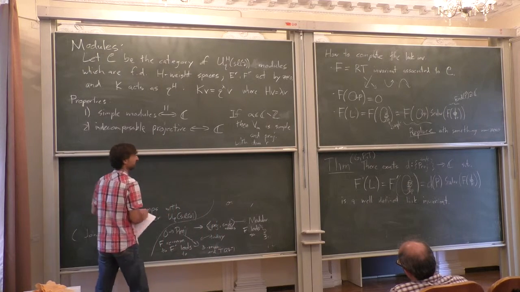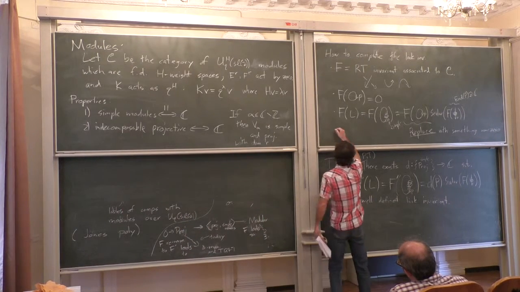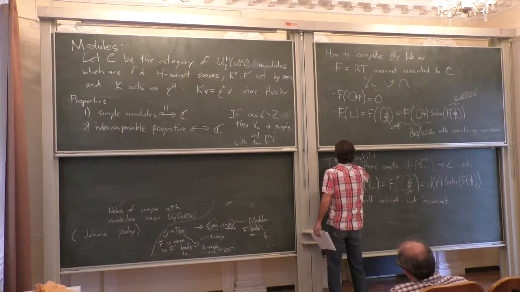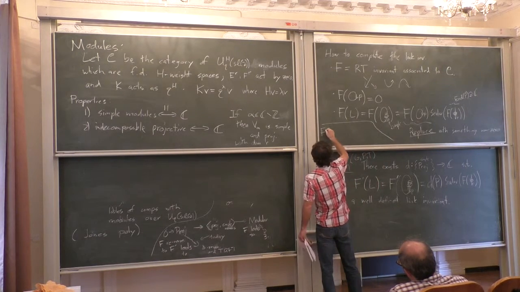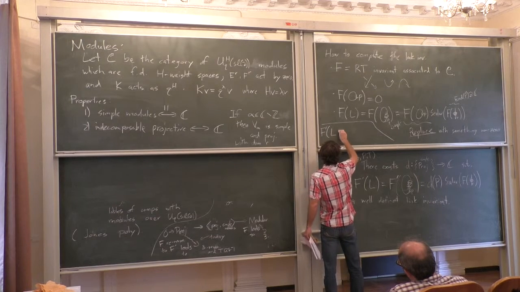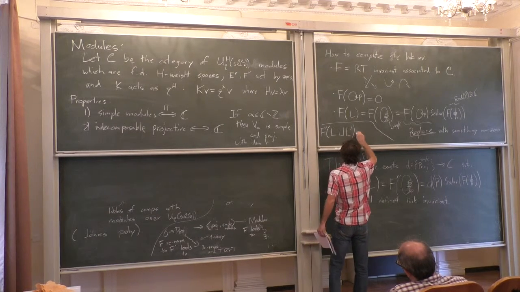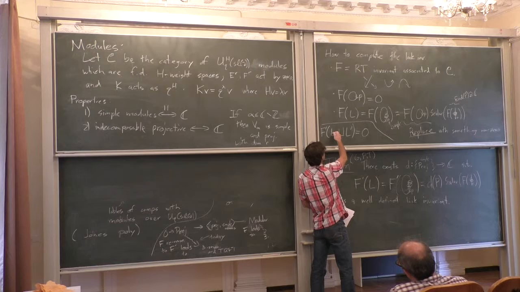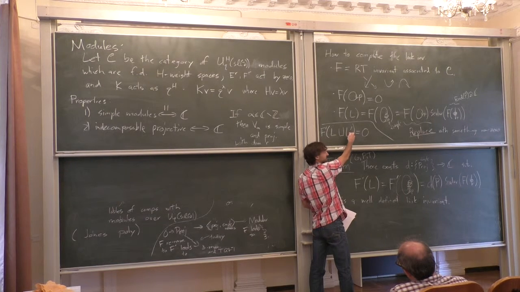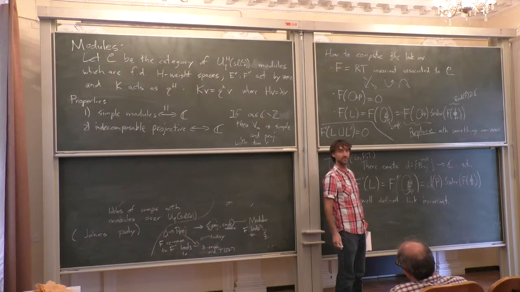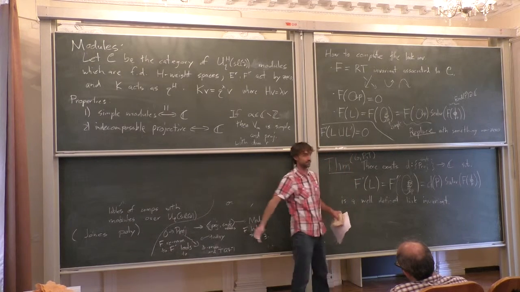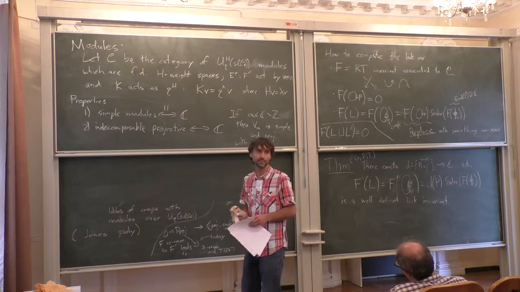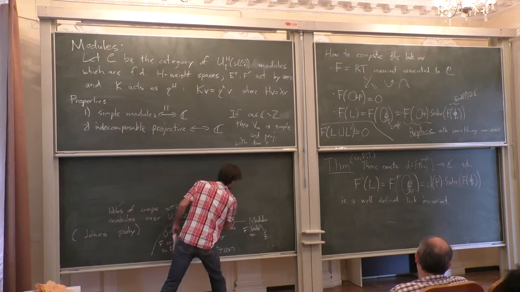Another property is that f prime of split links is still zero. Even if I have split links and I open one of these components, this still has a projective on it, and it's disconnected, so it's still zero. So the multiplicative property still applies. This is why it also looks like the Alexander polynomial, which has this property.